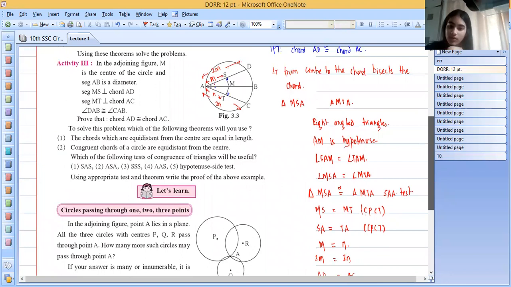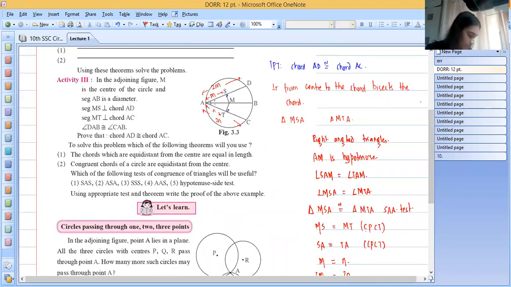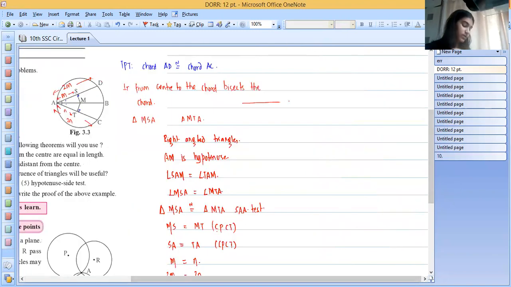Also, you have proved that MT equal to MS. What is MS? You have to understand this. MS is the perpendicular distance of chord AD from the center of the circle.